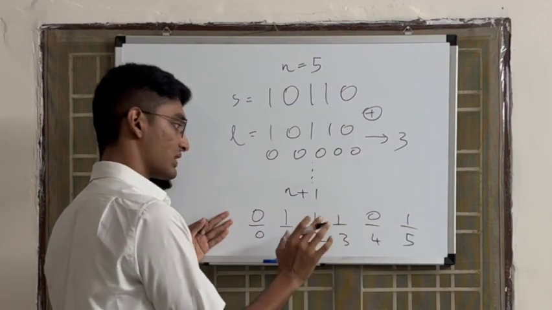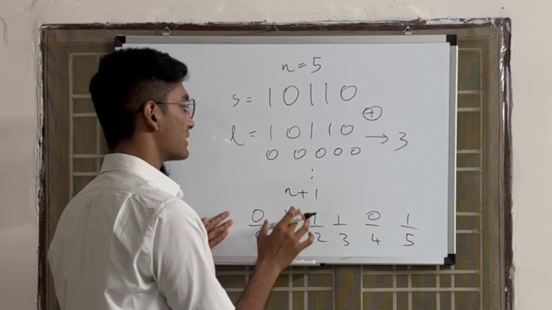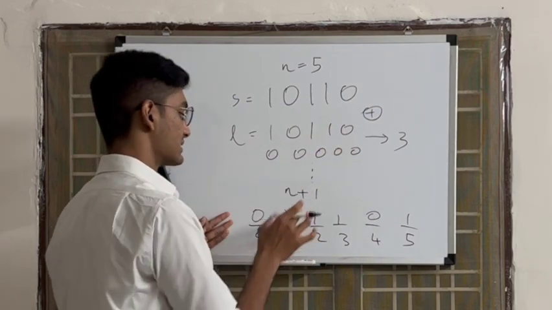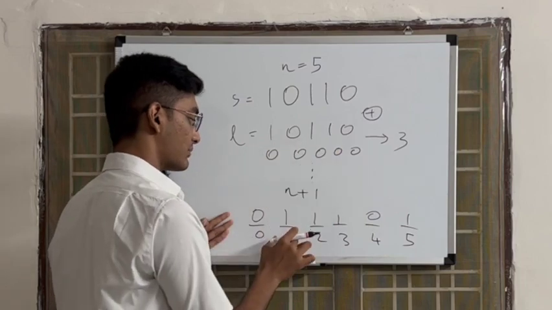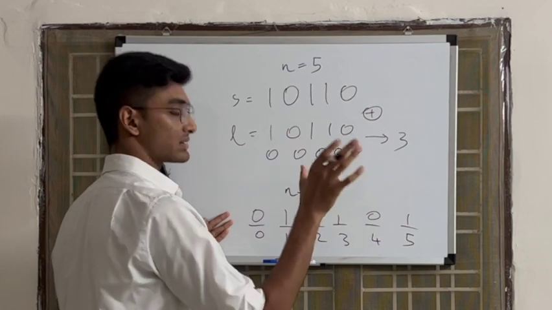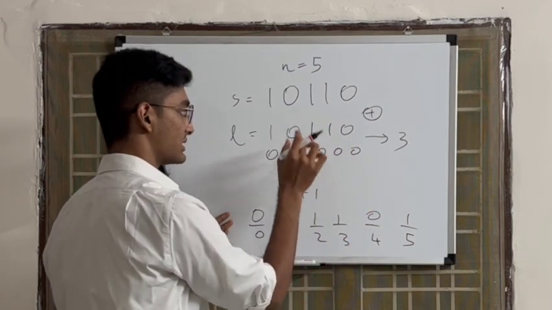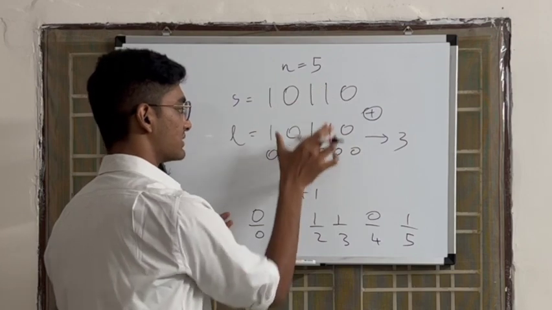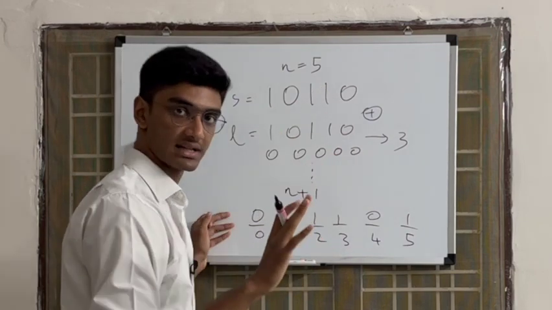So in this particular combination of L's, like the L string, the number of ones in that particular combination, if it is 1, then yes, in any particular combination of that L where the number of ones is 1, if we XOR it with this, we'll get the resulting string as a palindrome. You understand this thing, right?